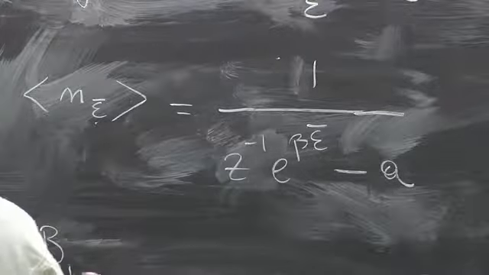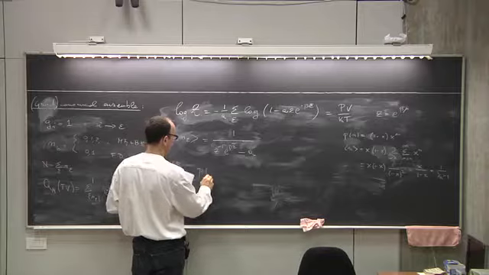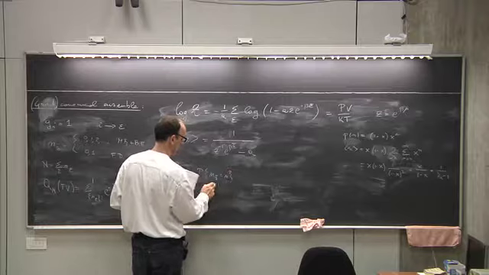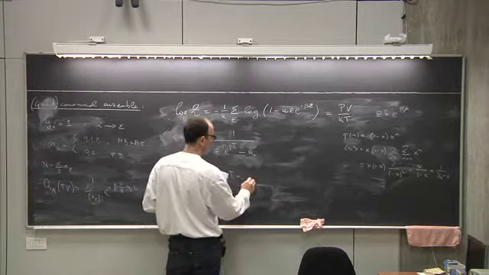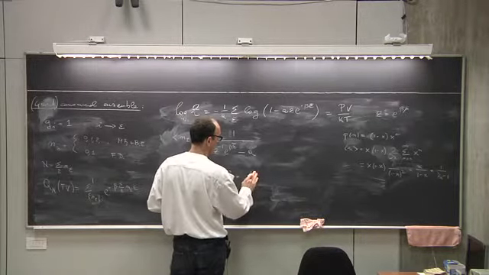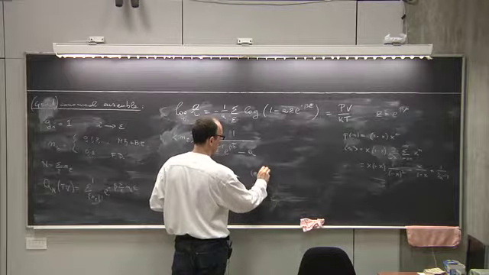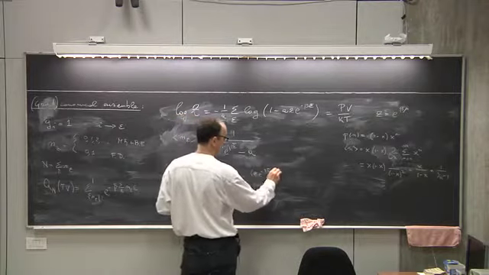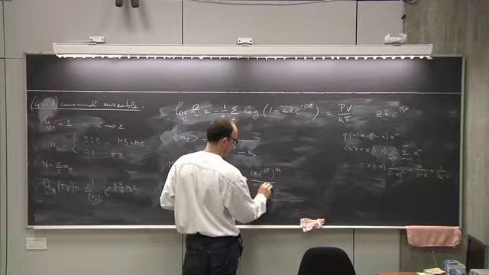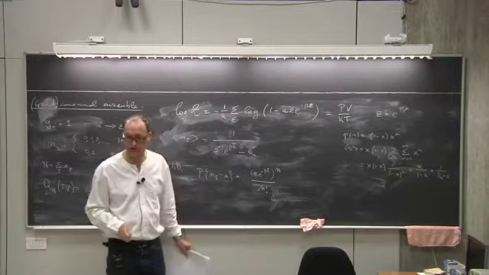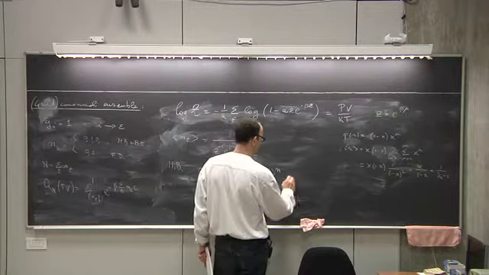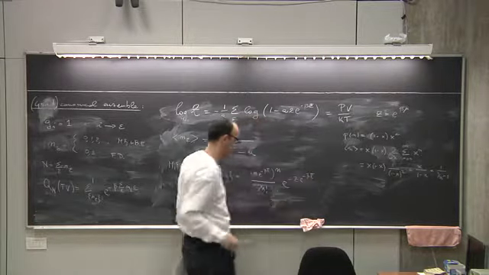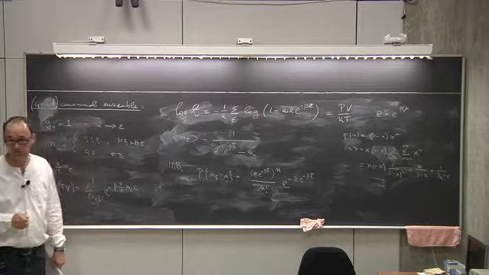So for the Maxwell-Boltzmann distribution, the probability that a particular energy level is occupied by n particles will be the same result which we have found previously, but divided by n factorial. And the normalization in this case is just e to the minus z e to the minus beta epsilon. So this is the Poisson distribution.